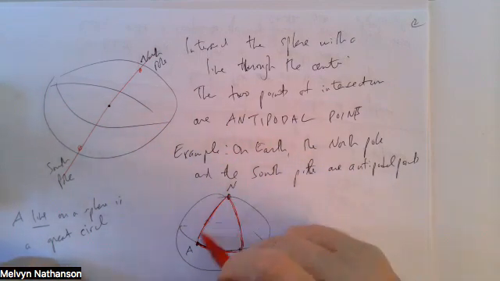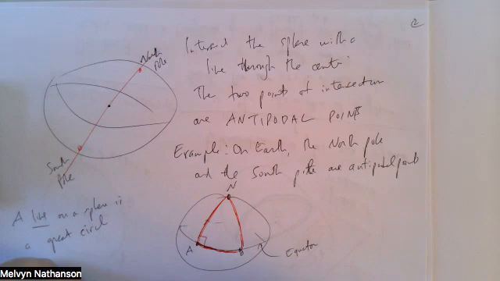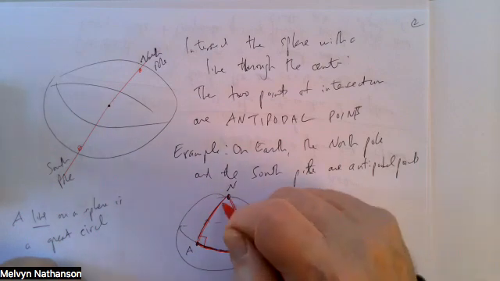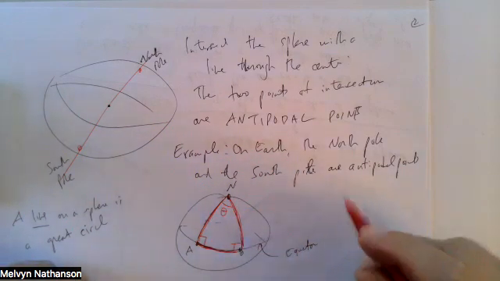Now, this longitudinal circle and the equator intersect at a right angle. This longitudinal circle and the equator intersect at a right angle. And here, between these two great circles, there's some angle theta.